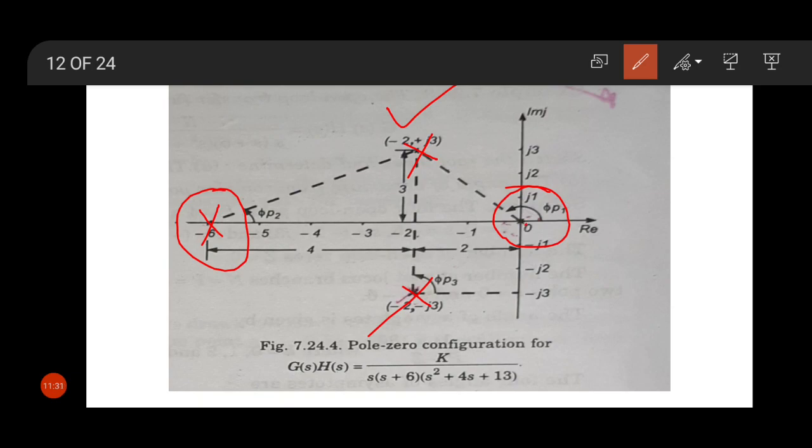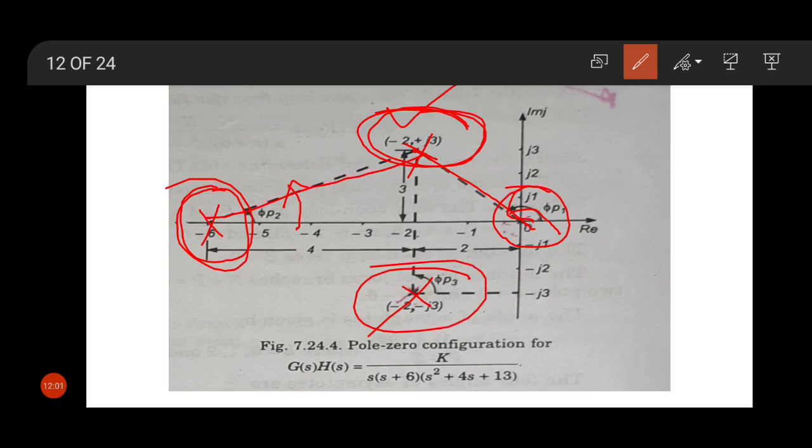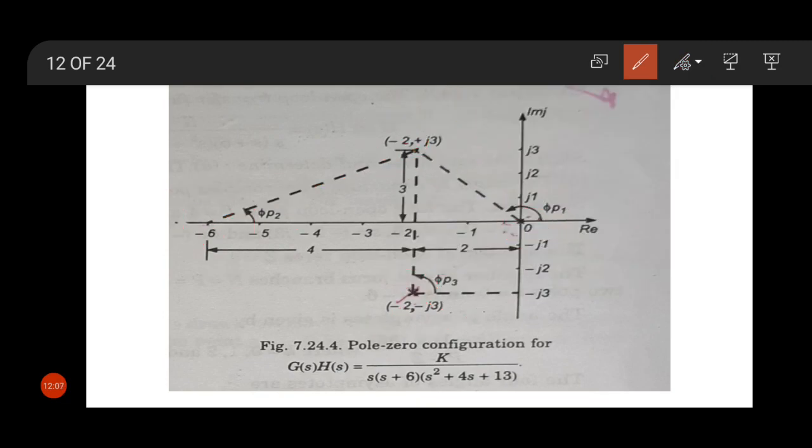The angle between this pole and this pole. See, this is our phi p1, this is our phi p2 and this is our phi p3.